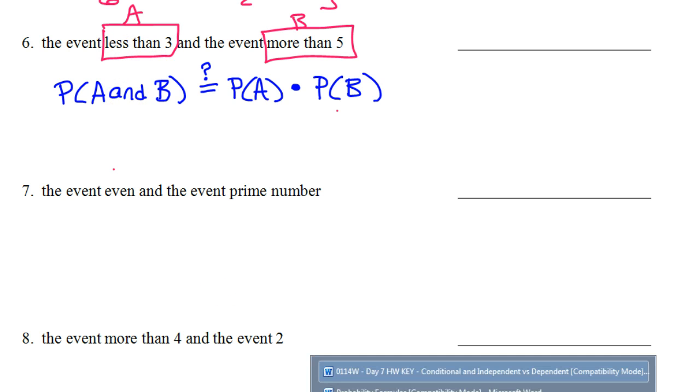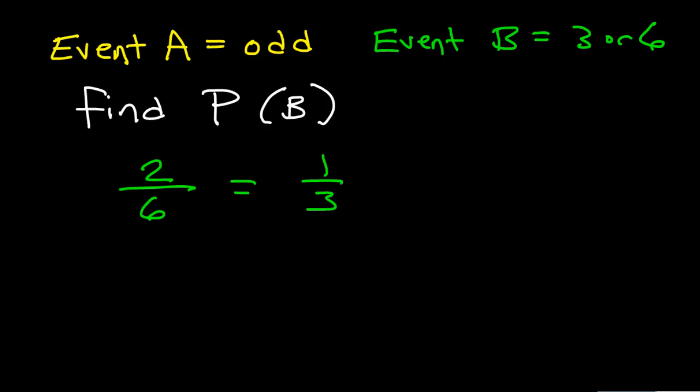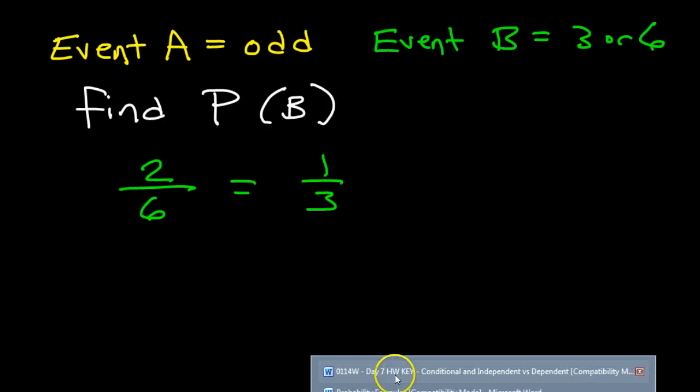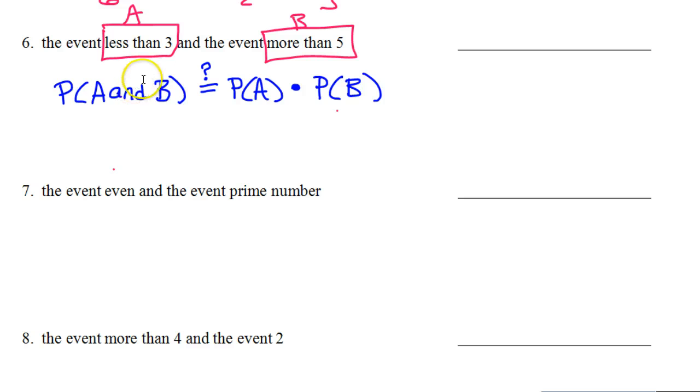So maybe I won't need to cut over to the black screen this time. Let's see if we can do it right here. So less than 3, more than 5. What are the overlapping numbers between those 2 sets? Well, there are 0 numbers in that overlap.